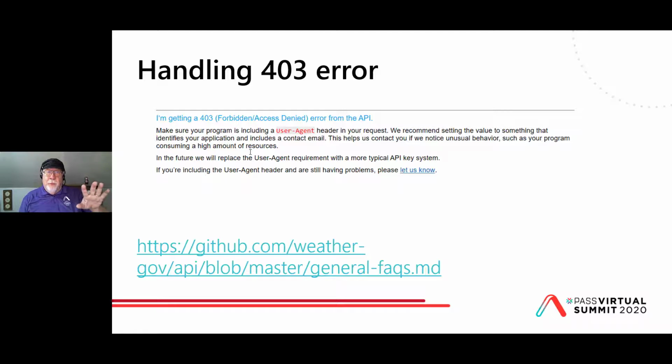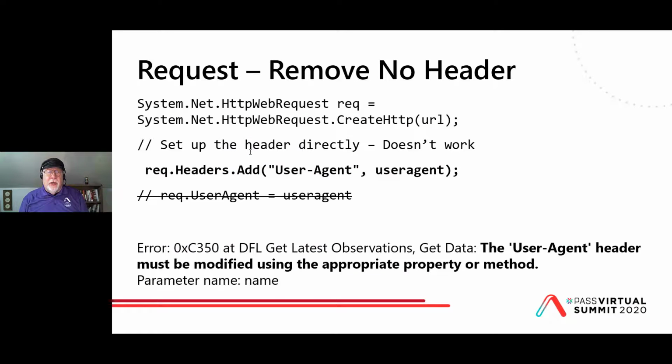So the first approach I took was that there's a headers collection. When I add something to a collection, I'll have the collection, so request.headers, and I'll add, usually with some kind of name value pair. So I add user agent, and the value I put in is the user agent.